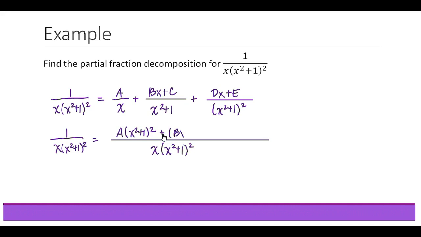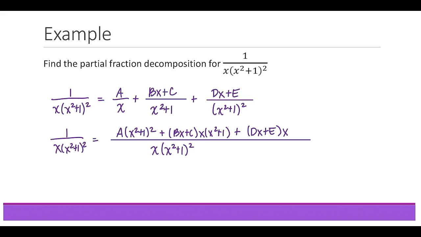The quantity bx plus c in the numerator, which we'll have to put in parentheses, will need to get multiplied by both an x and one extra copy of the irreducible quadratic, quantity x squared plus 1. And then the last term, quantity dx plus e, will just have to get multiplied by an x.